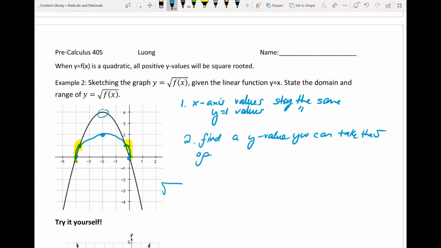So if we took the square root of 0.64, this would be 0.8. Okay, so your values get slightly larger for your decimals. That's why I draw slightly above our original graph.